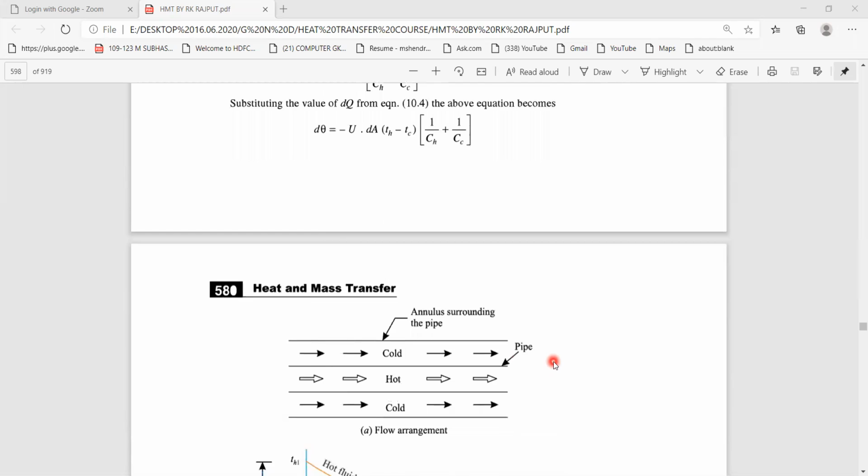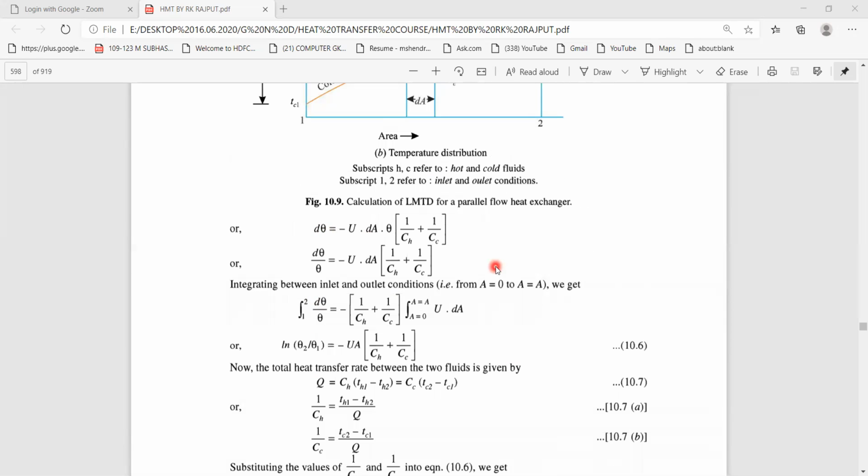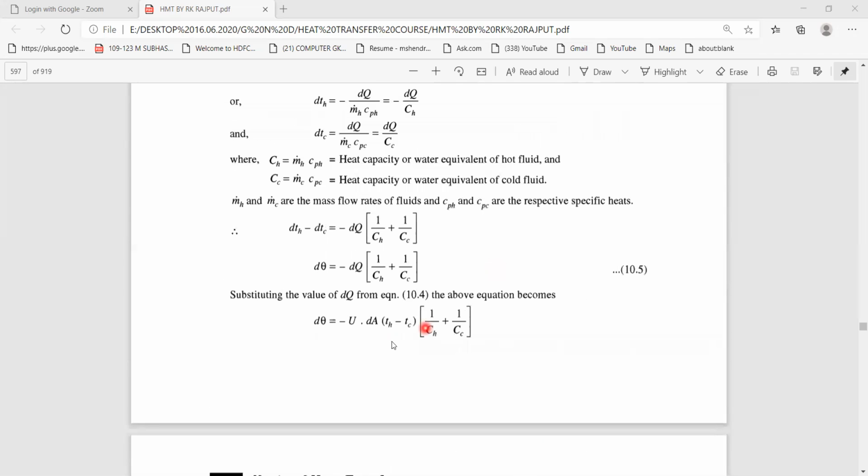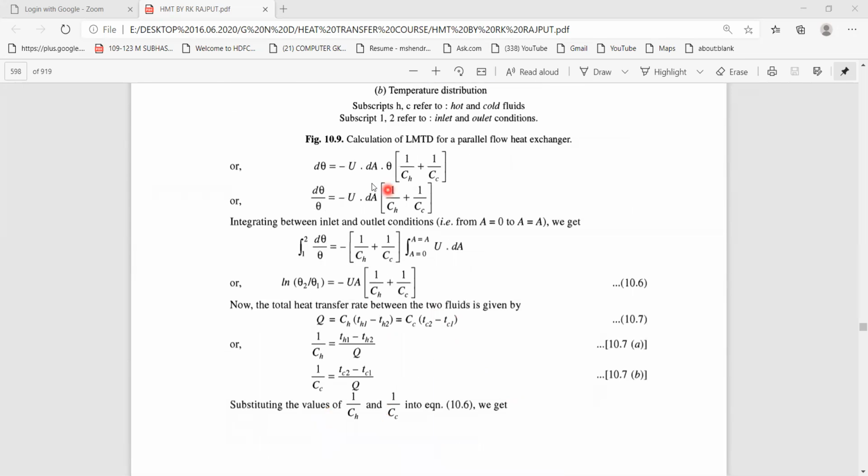Now take theta to the denominator of the left hand side: d theta by theta equals minus U dA into 1 by Ch plus 1 by Cc.